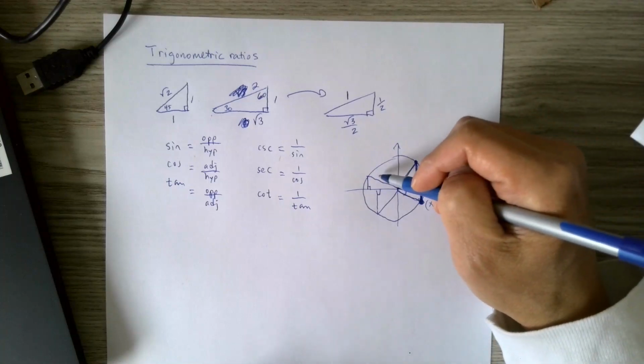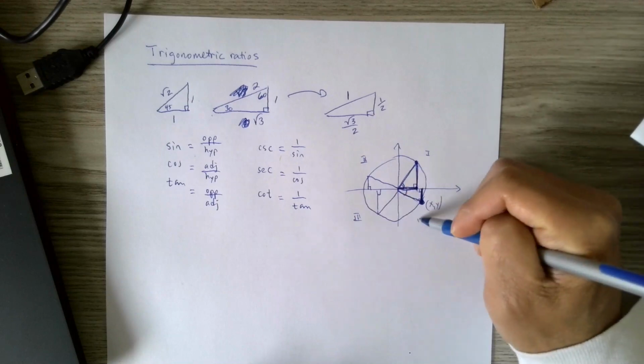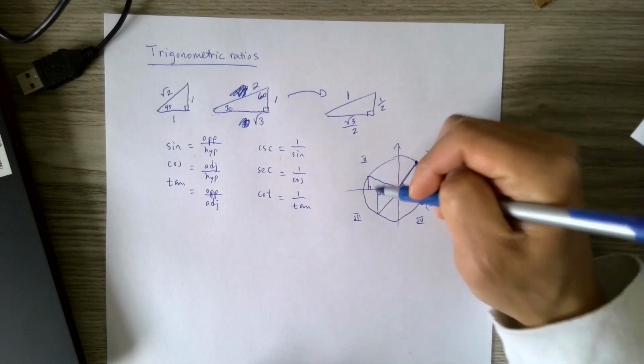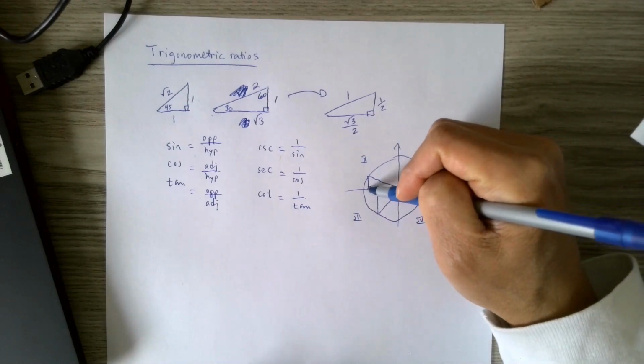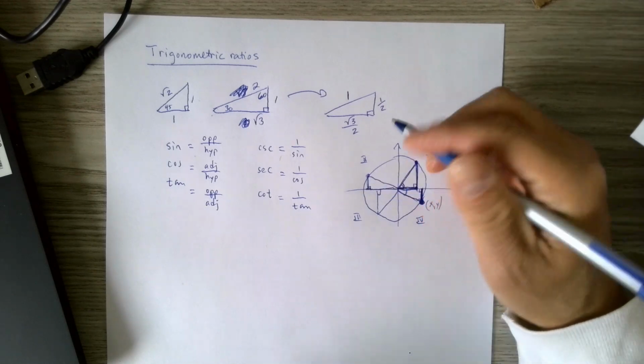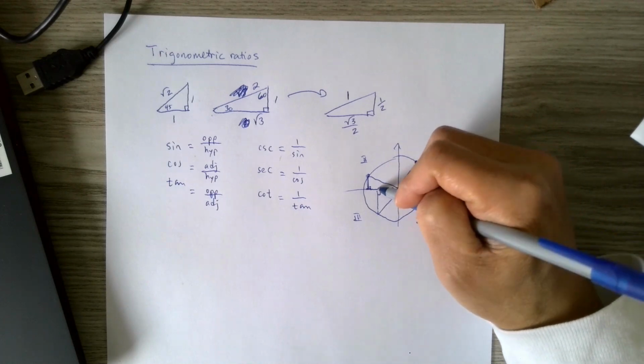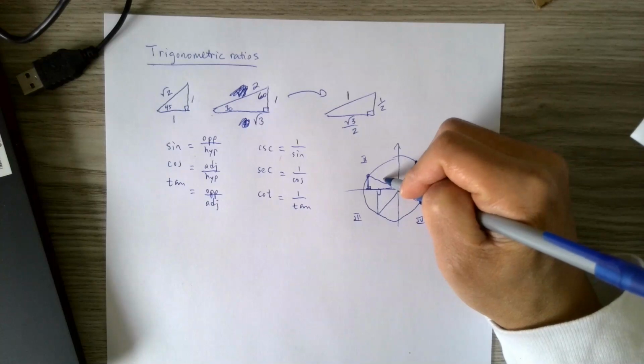But over in quadrant 2, you're going to the left and then up to this point. So when you're going to the left, that's a negative direction for the x-coordinate. So adjacent over hypotenuse in this case would be negative.